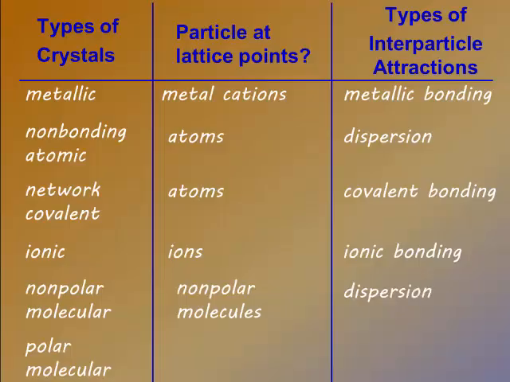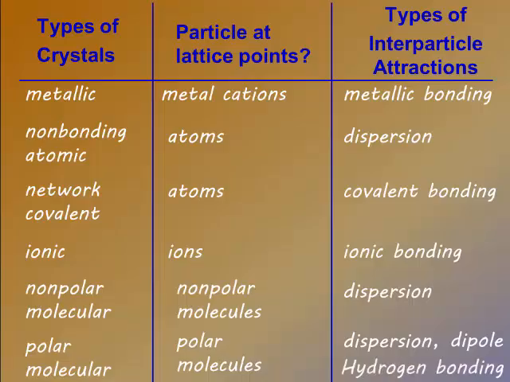Finally, what particles occupy the lattice points in a polar molecular solid? Polar molecules. What types of attractions exist between polar molecules? Definitely dispersion and dipole forces. Possibly hydrogen bonding as well.